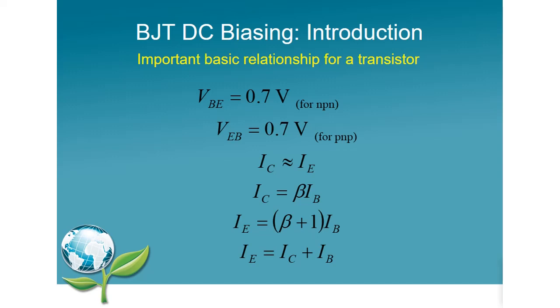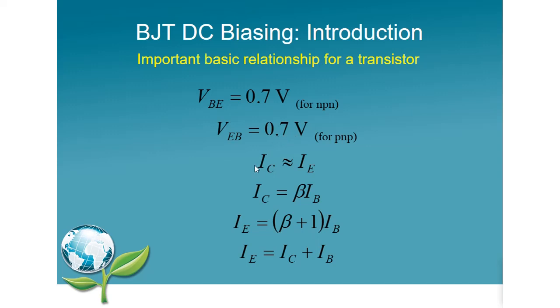These are the important basic relationships for a transistor. Do you still remember what we have learned from the previous lecture? VBE equal to 0.7 for NPN transistor, VEB equal to 0.7 volt for PNP, or normally we say that VBE equal to negative 0.7.